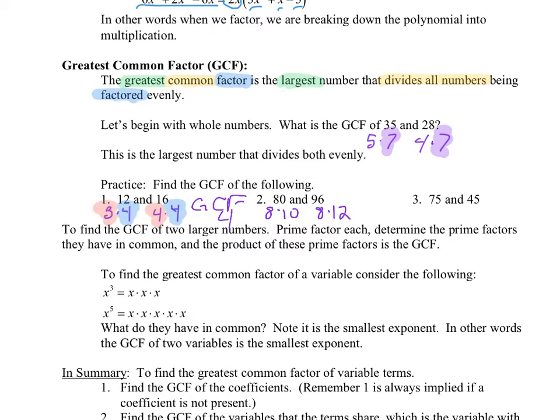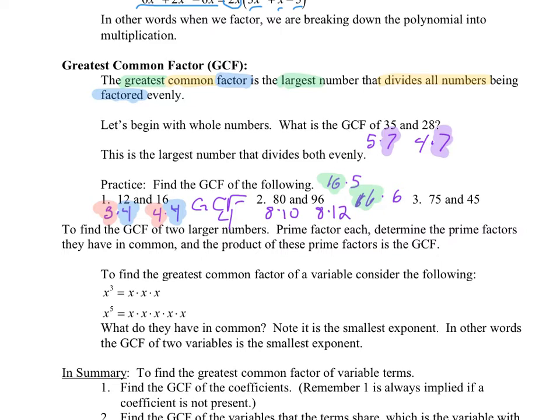So that means 80 is 16 times 5. And 96 is 16 times, 12 divided by 2 is 6. All right, so now you can see that 16 is my greatest common factor, because 5 and 6 have no common factors.